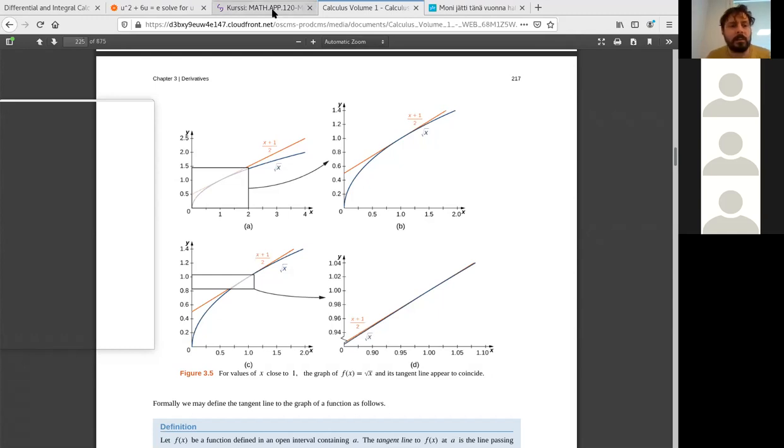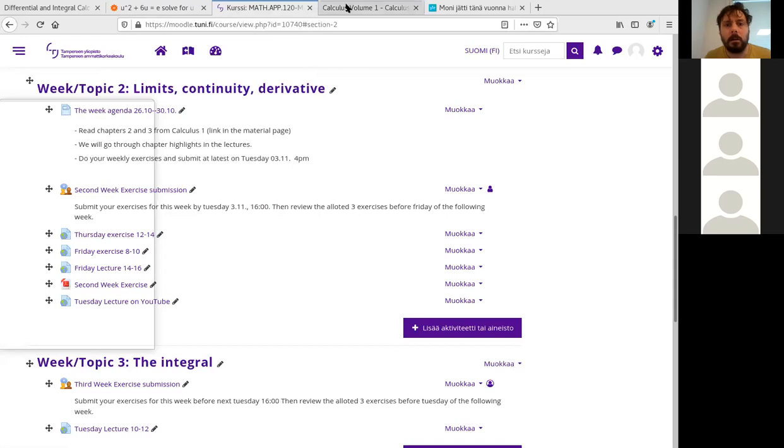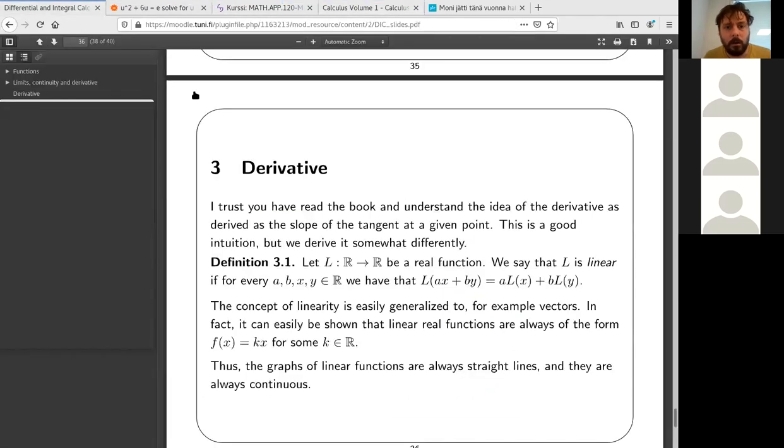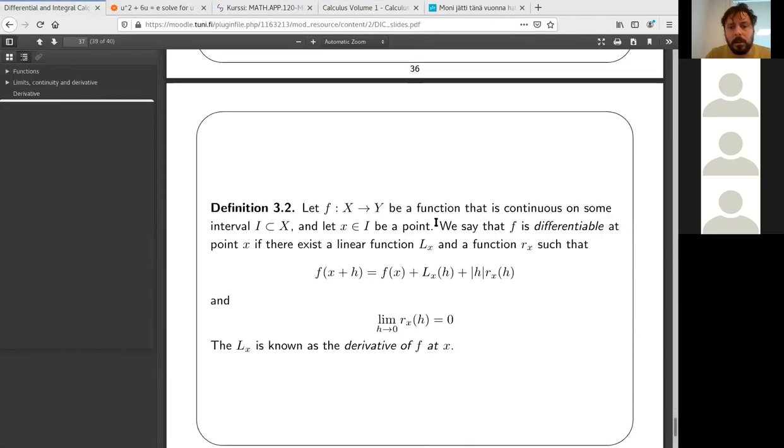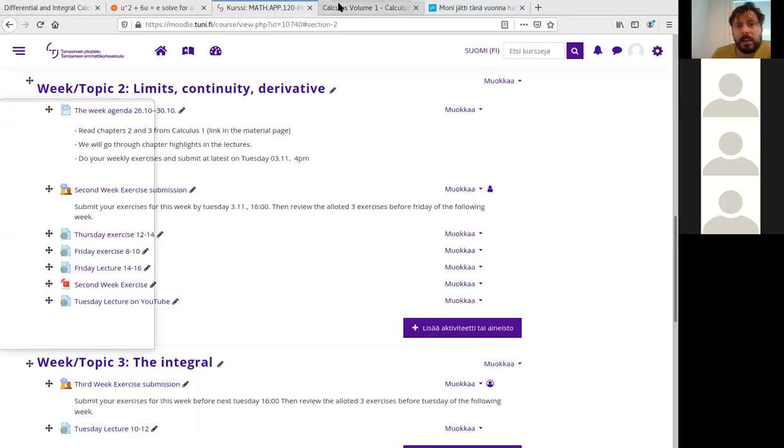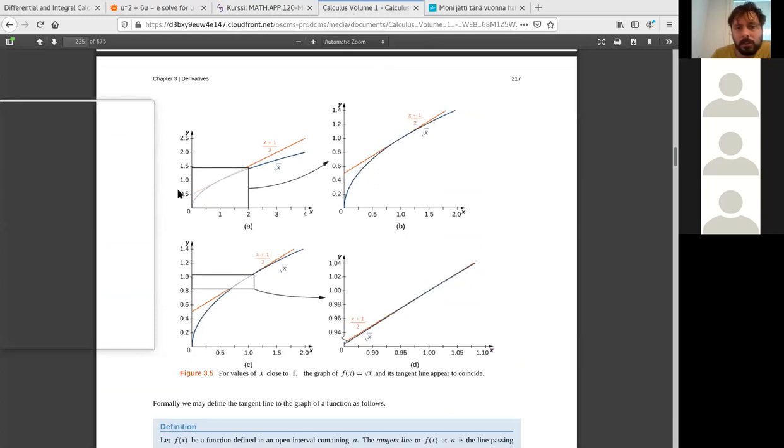So let's go look at the definition that I gave earlier for the derivative. So I said that if we have a continuous function here at some interval, and let's look at this definition. So I'm saying here, in essence, it's continuous. Let's say it's continuous inside this box. That's the interval here.